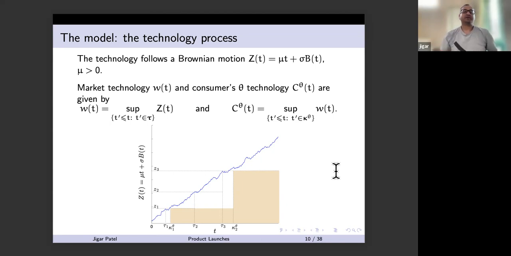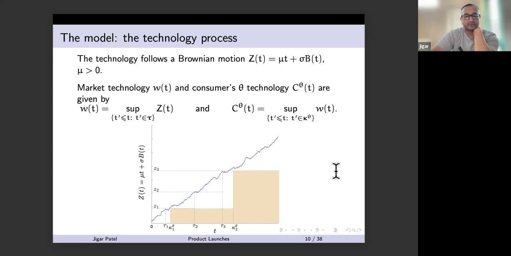Market technology. What is market technology? Market technology is the technology of the latest product that you have in the market, right? So think of, let's say, Apple having launched iPhone 14. Whatever the innovation level of iPhone 14, that's the market technology of current time. Let's say T is the current time, then W_t is the technology that is accessible to customers, market technology.